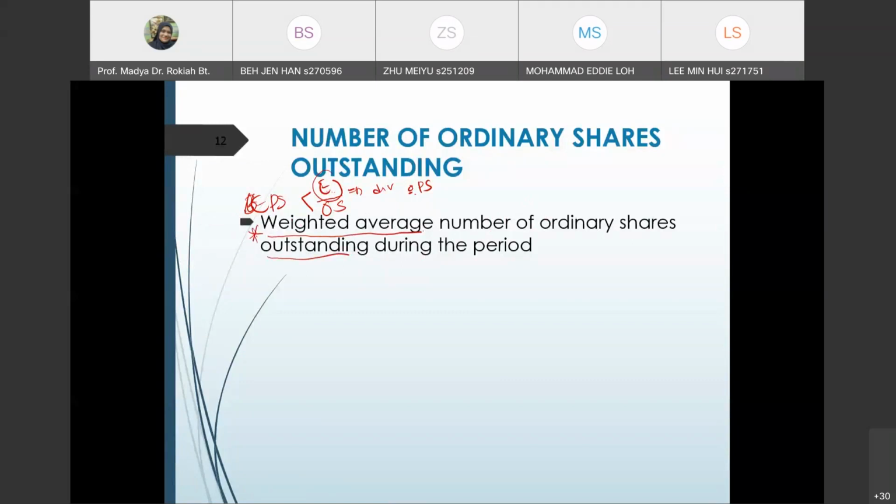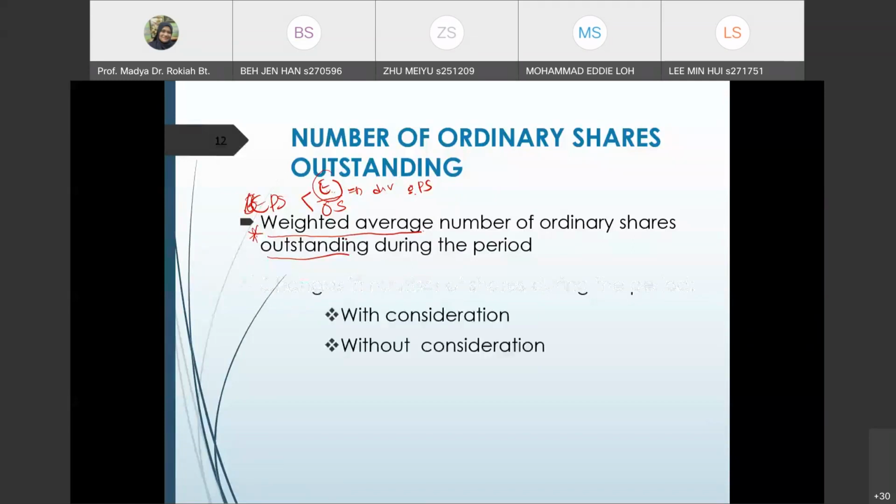There will be changes in the number of shares during the year, with consideration and without consideration. So we have two types of changes here, whether that one is with consideration or without consideration.